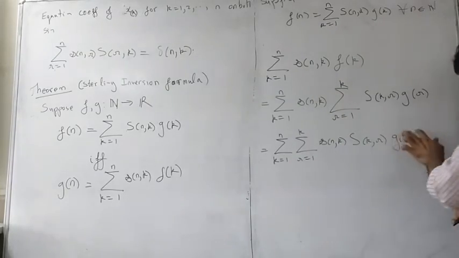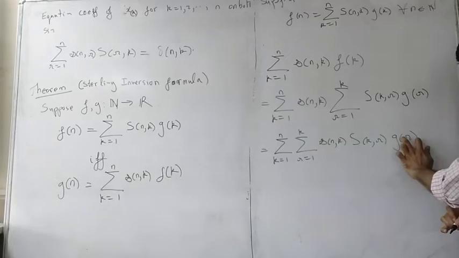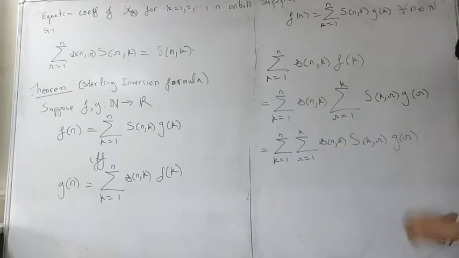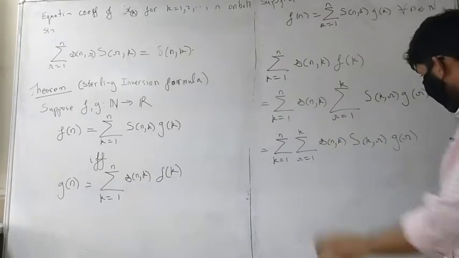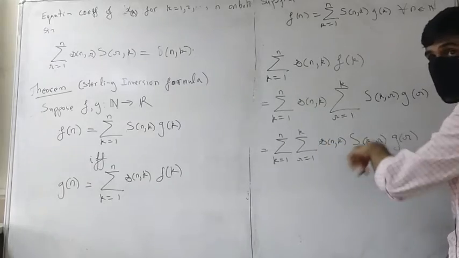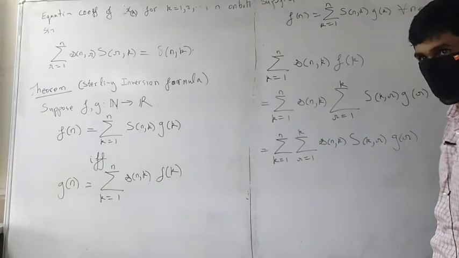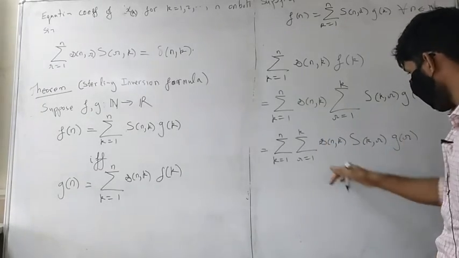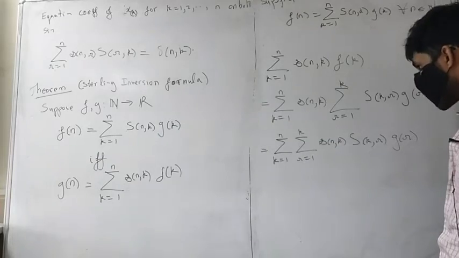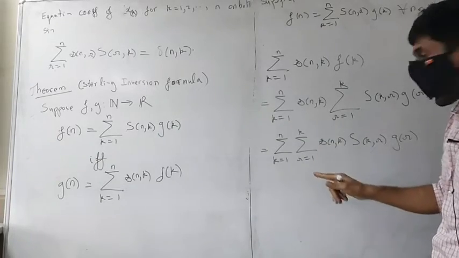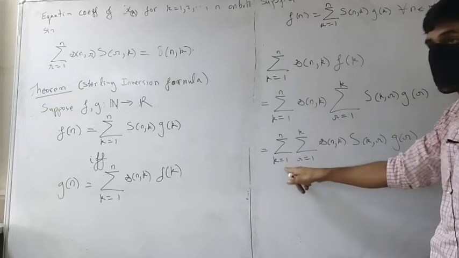Now I want this g to come out of this sum. Why do I want it to come out of the sum? Then I will get this kind of a thing in the sum, which I know what it is. So I have to switch the sums, but switching the sums cannot be done because this sum has a dependence on this sum.